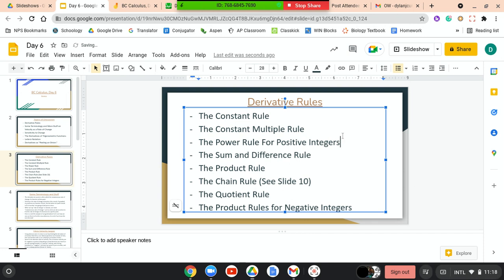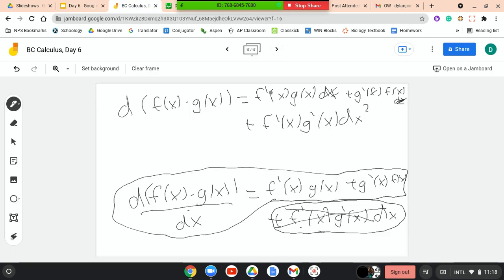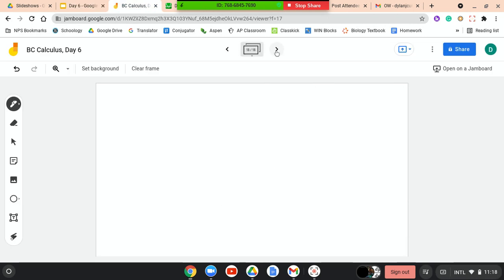Before we go into the next one, I want to backtrack really quickly. Remember when we did the power rule, we showed that the derivative of x to the n is equal to n times x to the n minus 1? Remember, the values of n we were using were positive integers, 1, 2, 3, etc. So this rule only works so far if our n value is an integer and positive.